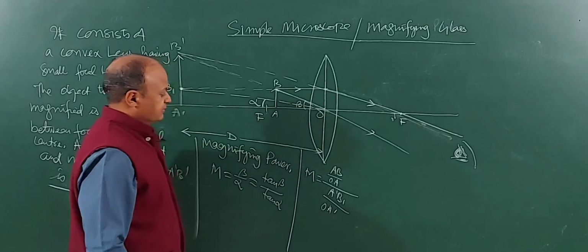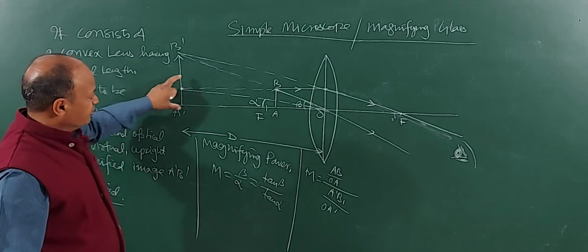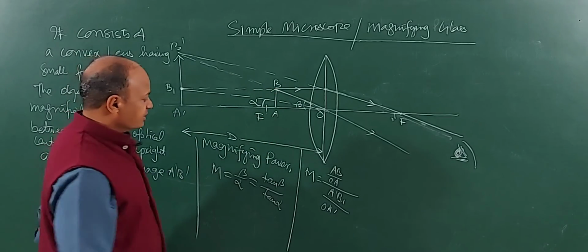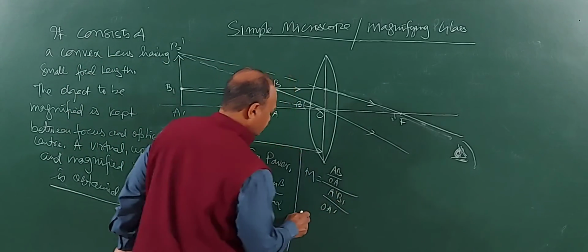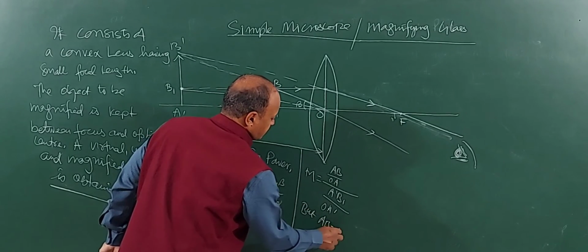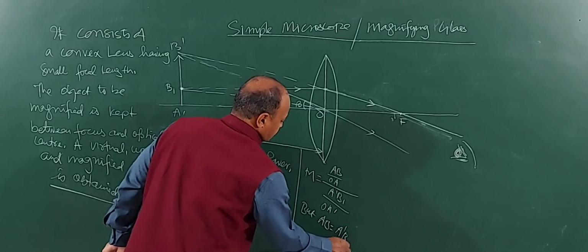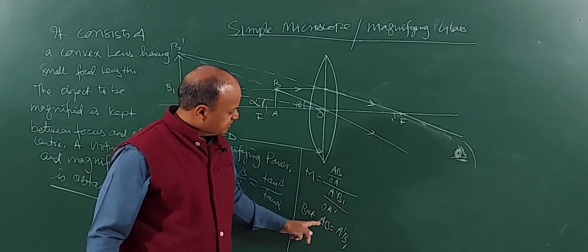Now children, when I look at this, then A dash B1 will be equal to how much? AB by construction. So AB is equal to A dash B1. That means here A dash B1 can be replaced by AB.